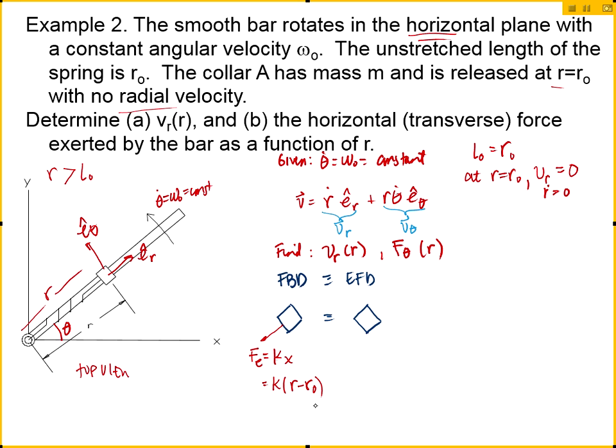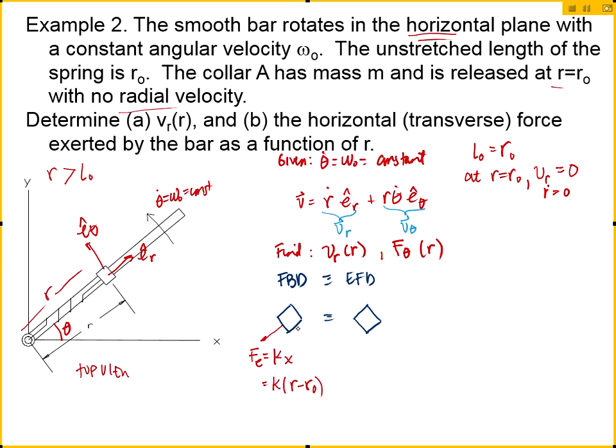Okay, so what other forces are acting on this? Is it touching anything else? Nope, there's no friction. There is another normal force, right? There's a normal force opposing gravity, right?